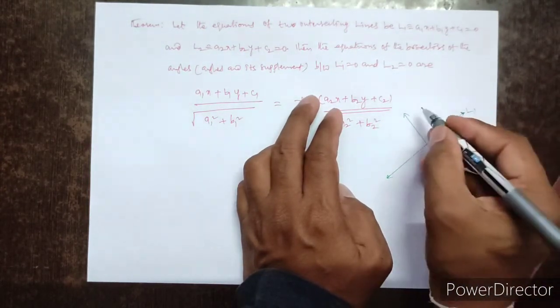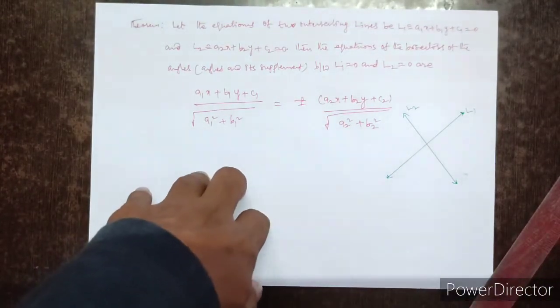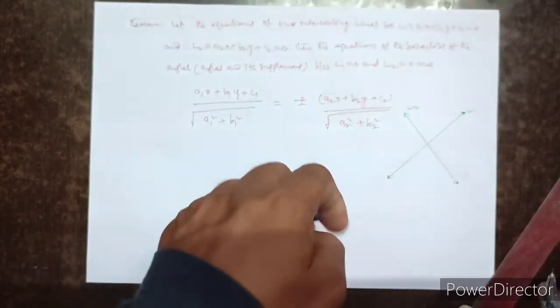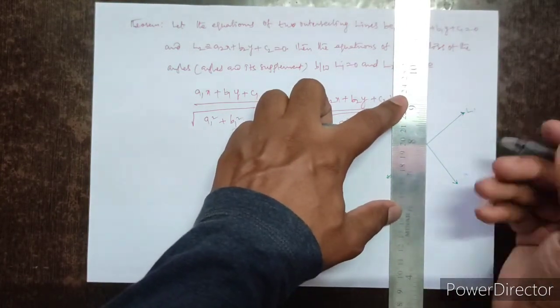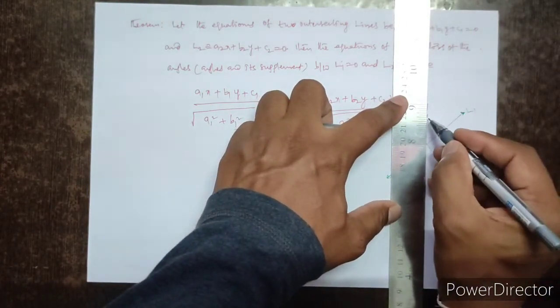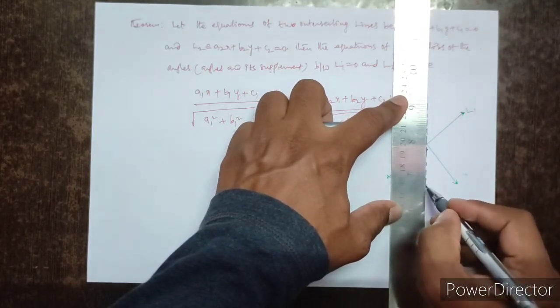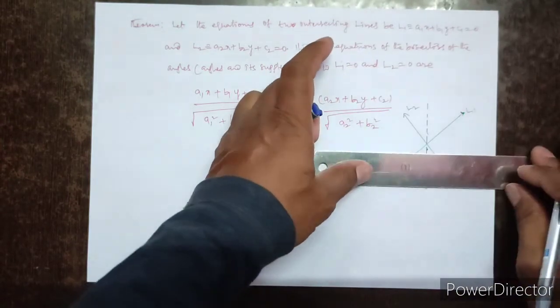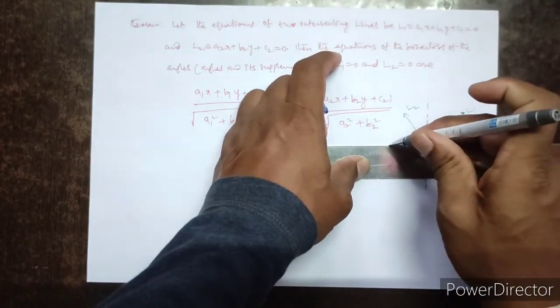This is the L1 line, this is the L2 line. So this is the angle bisector, and this is the second angle bisector.